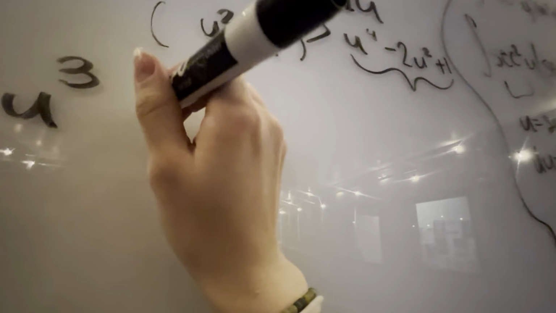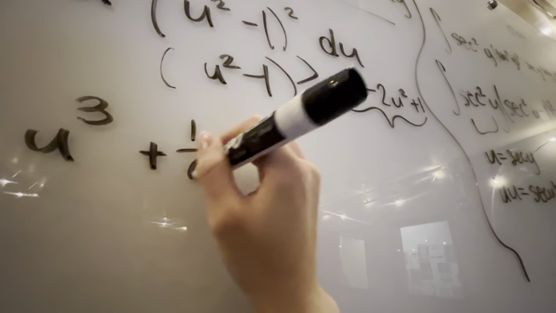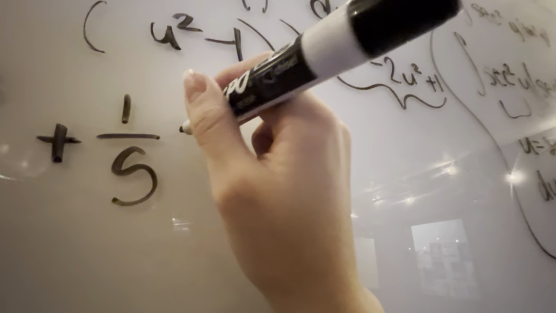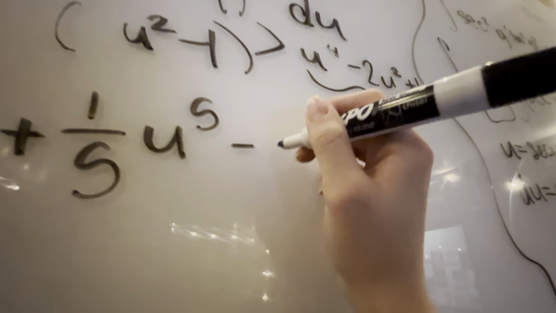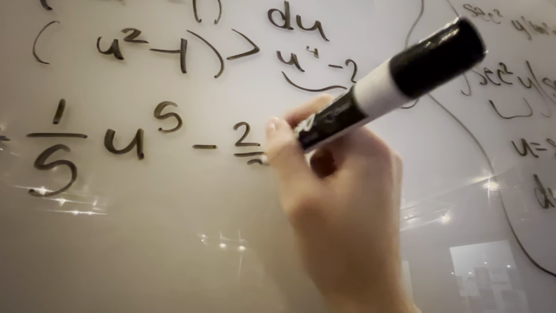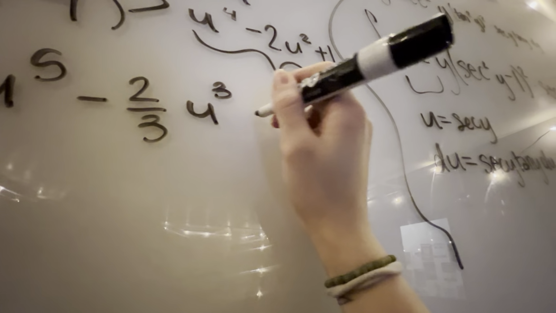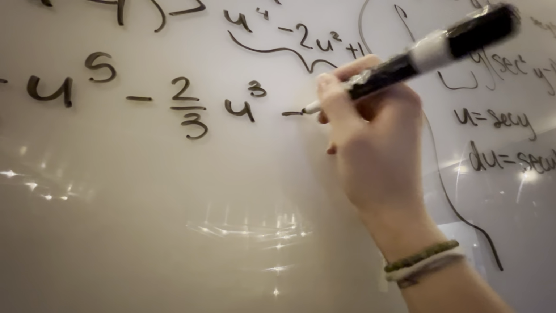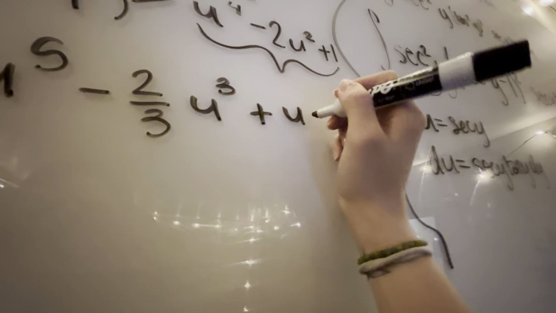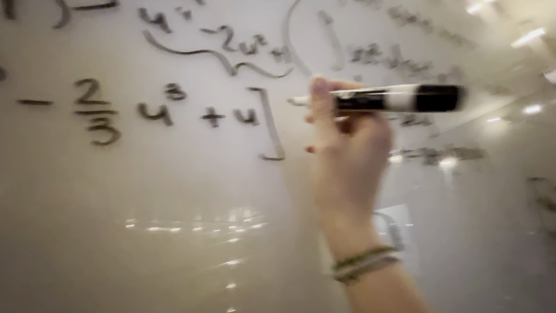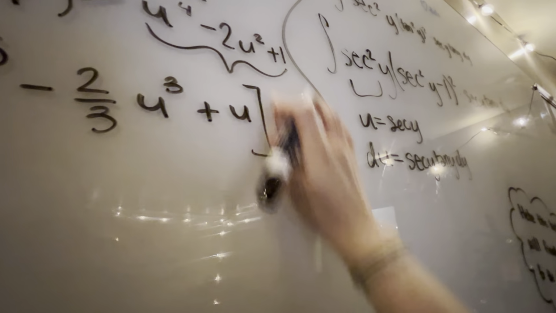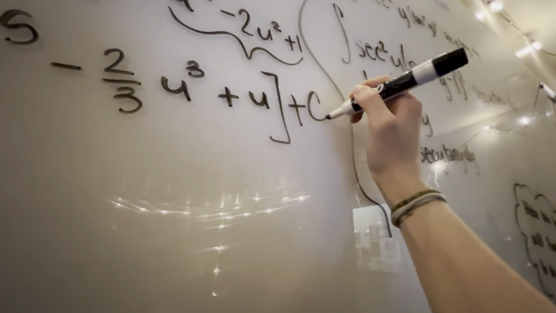So integrating that is going to be plus 1/5 u to the 5th minus 2/3 u to the 3rd, and then plus u, because the 1 adds a power. Okay, and we don't have bounds, so it's indefinite, so we need to add a plus c, but usually I do that on the end.